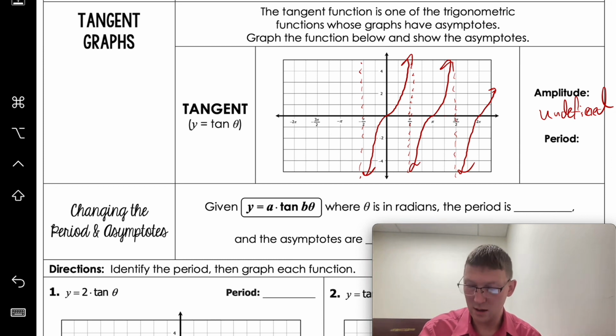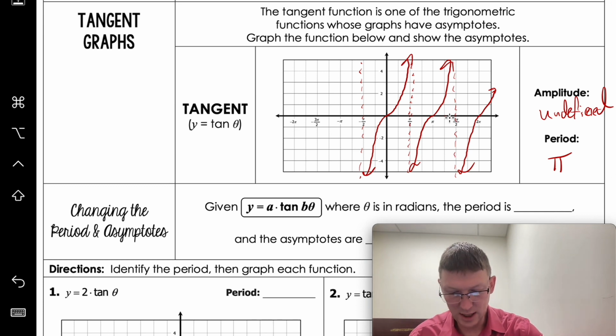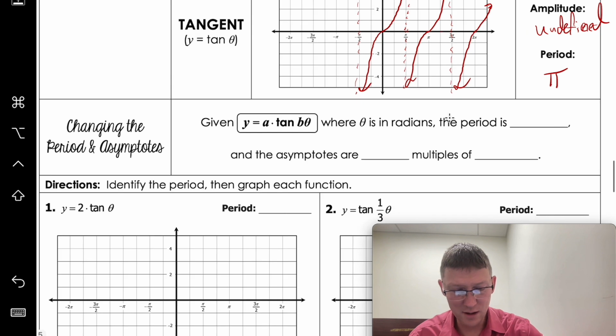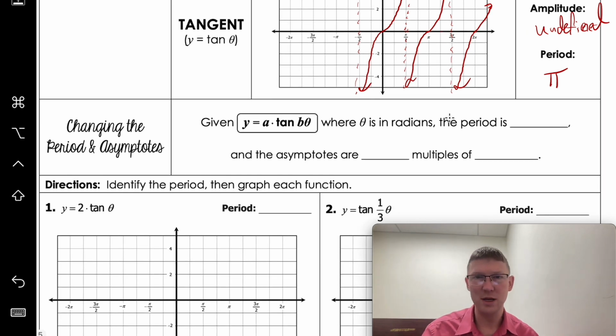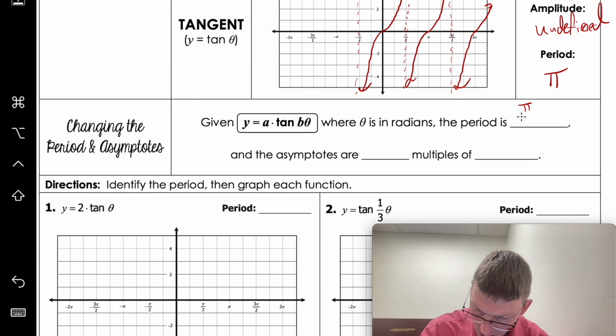The period is defined, and it's going to start off as just pi. So just like the sine and cosine, we have some algebraic terms that we can figure out. So here we go. We've got a times tangent of b theta, where theta is in radians. The period for tangent is going to be pi over the absolute value of b.